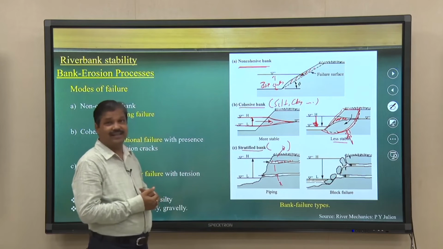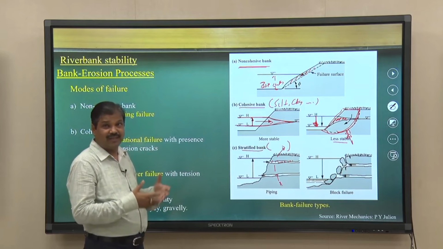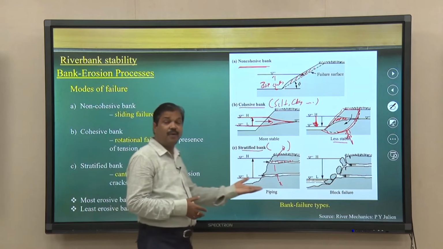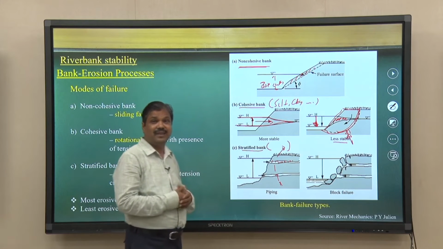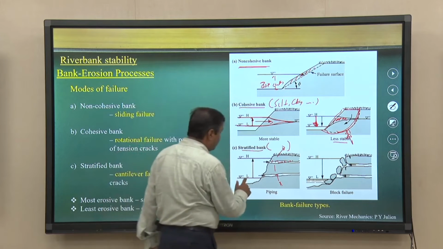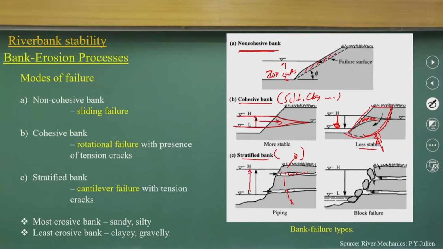If you have that case, that is what is generally in alluvial rivers in our country, we see this type of bank stratification. Where does it happen? When the river flood comes, or the monsoonal flow increases, the water shifts inside these permeable layers.